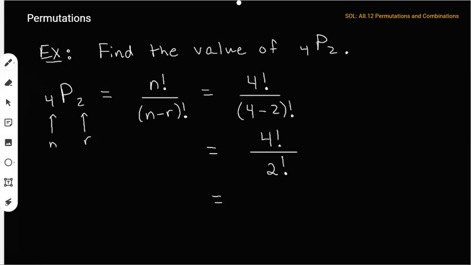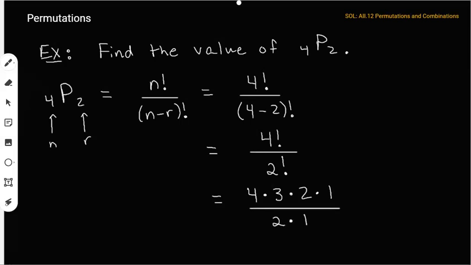So what's the value of 4 factorial? That's going to be 4 times 3 times 2 times 1. And then in the denominator, since I have 2 factorial, that's just going to be 2 times 1.